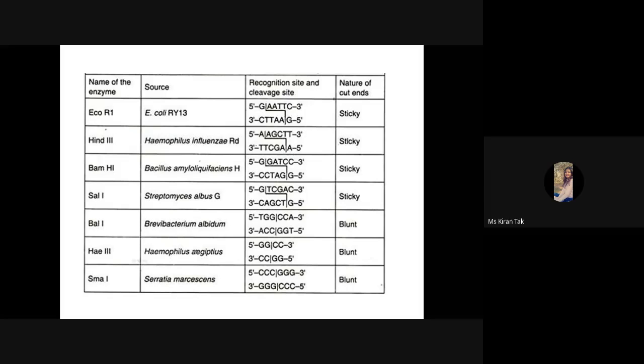These are some examples of restriction endonucleases: EcoR1, HindIII, BamH1, SalI, BalI, HaeI, SmaI. And these are the sources of these enzymes. These are all the recognition sites, where it will cleave, and what type of cut they will form, like sticky or blunt.